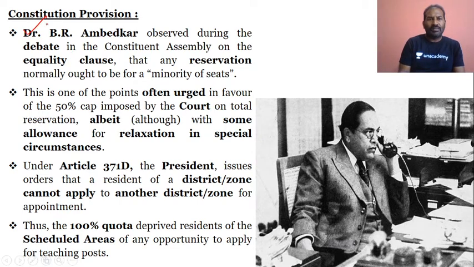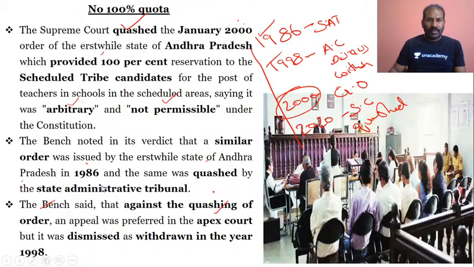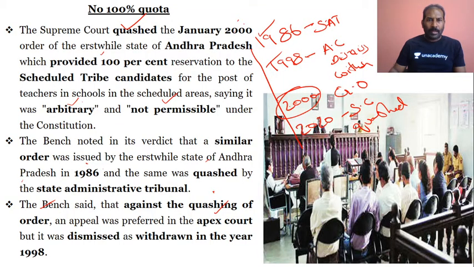And then Dr. B.R. Ambedkar, the founding chairman of the Constituent Assembly, has debated in the Constituent Assembly that there should be equality because the Supreme Court has made a point.